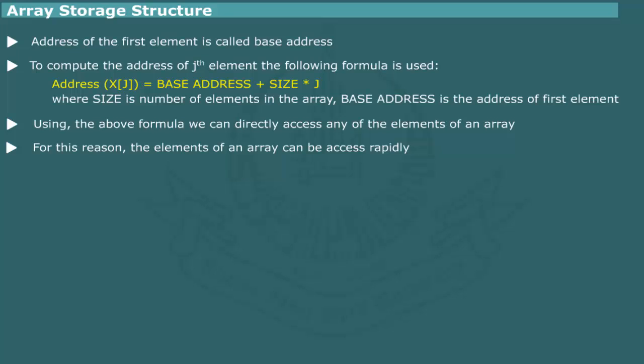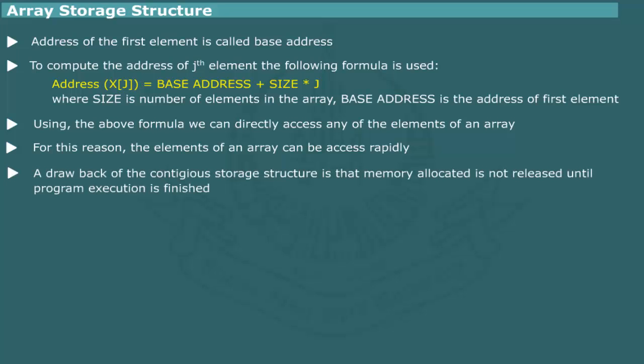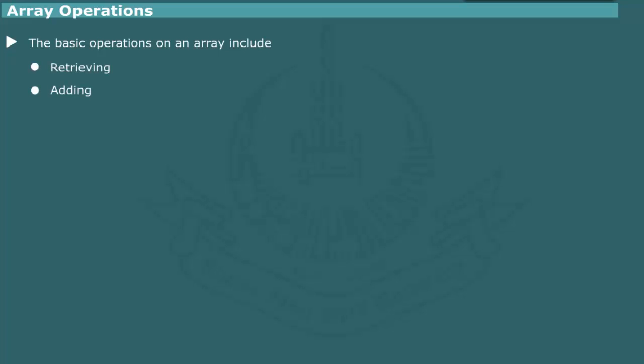It has, however, the drawback that memory allocated to an array is not released until the program execution is finished. Array operations. The basic operations on an array include retrieving an element, adding a new element to array, deleting an existing element, and inserting a new element.